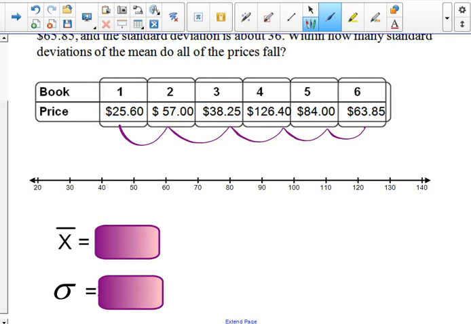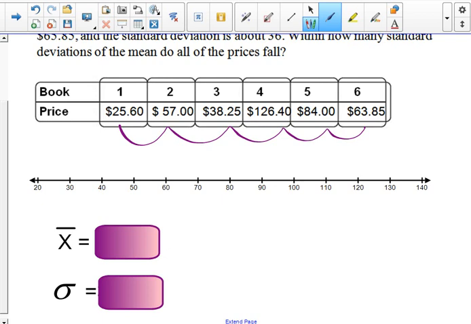Go to your data list and we're going to enter 25.60, enter 57, enter 38.25, enter 126.4, enter 84, enter, and 63.85, enter. Now hit your statistics, calculate, calculate, calculate, calculate, and there they are. So we have 6 items, 1, 2, 3, 4, 5, 6, that's correct.